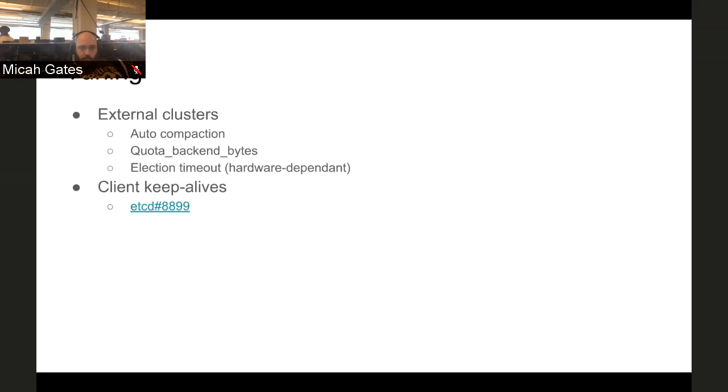And depending on the hardware that we run on, we sometimes increase the election timeout. This is mainly because we have one or two clusters that are running on spinning disks and have a larger database size. So when those go to sync to disk, it sometimes can take a little bit more than a second, and we don't want to cause leader re-elections during that time.